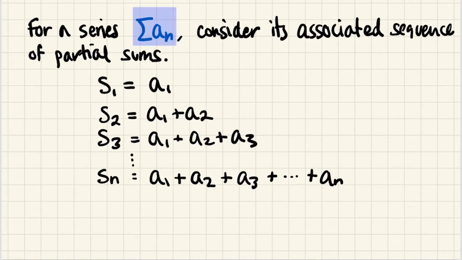So if you have a series a_n, there's an associated sequence made up of the sequence of partial sums. Now, if this sequence here is convergent by the definition of sequence convergence from the last section, then we would say this series here is convergent.